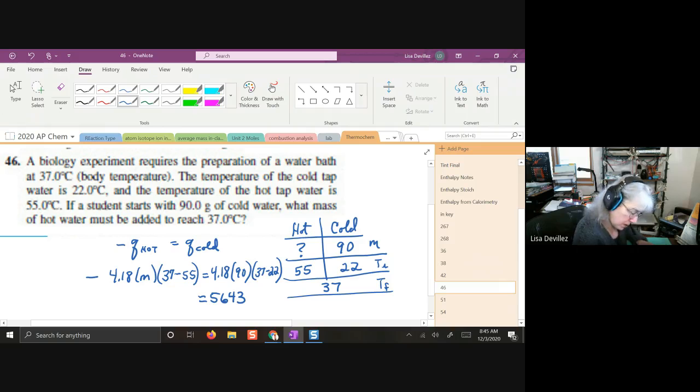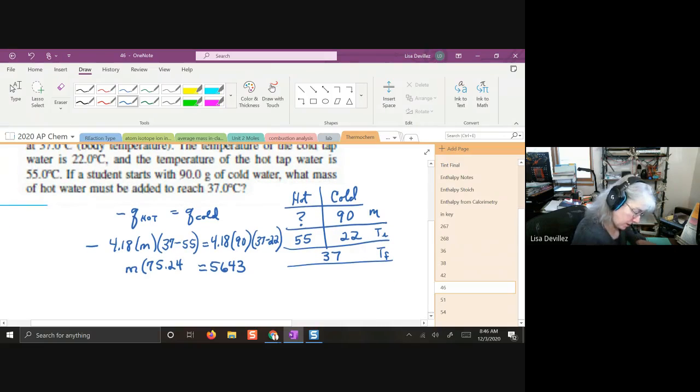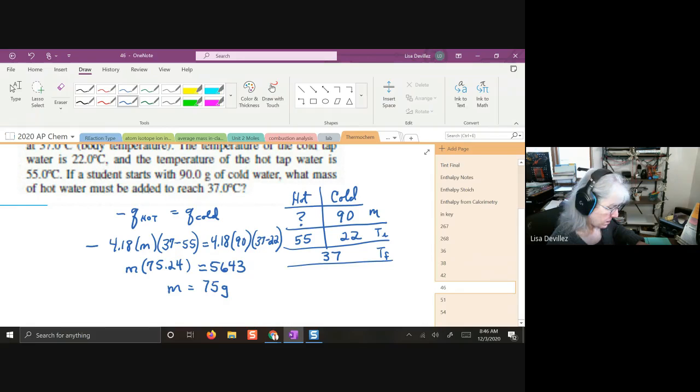And then 37 minus 55 times 4.18, so mass times 75.24. And so I'm getting a mass of 75 grams that we would need for that one.